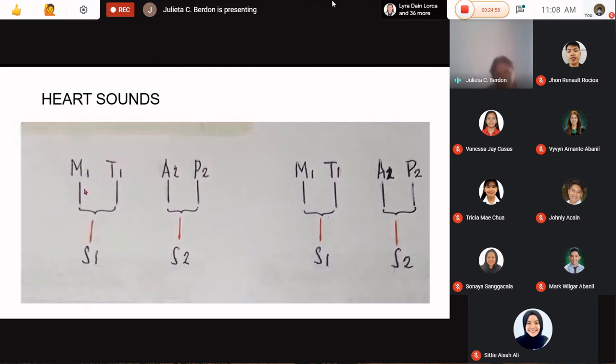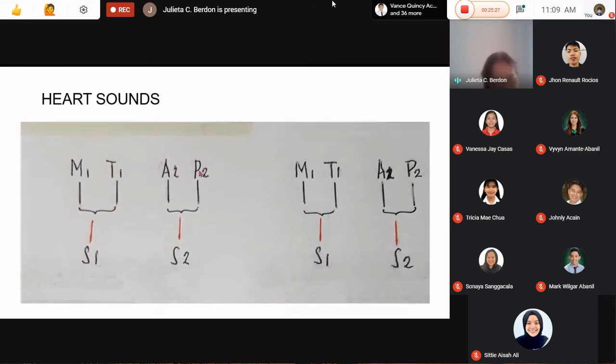Okay. Then the second heart sound, any questions? None. Okay. The second heart sound is due to vibrations associated with the closure of the semilunar valves, the aortic valve and the pulmonary valve. And we already discussed earlier that aortic valve closure comes earlier than pulmonary valve closure.